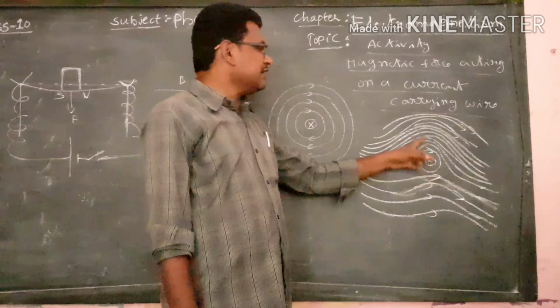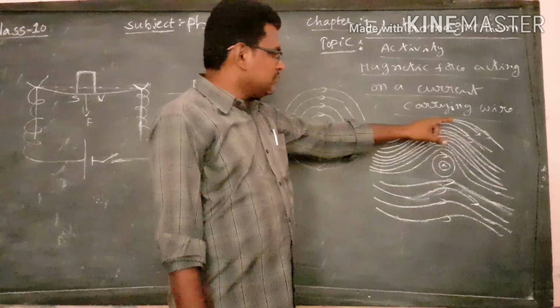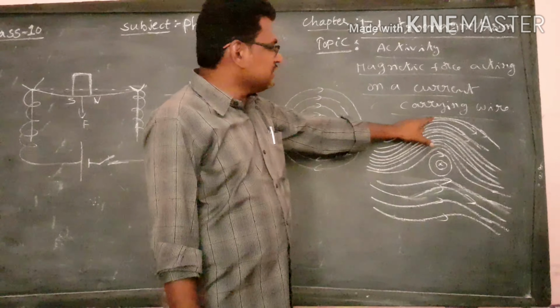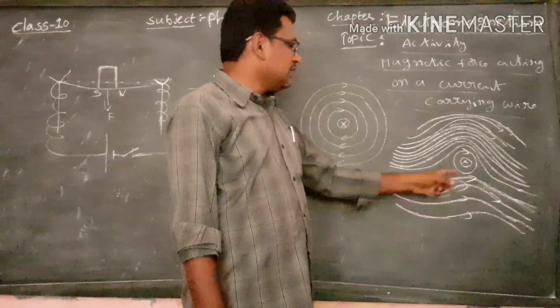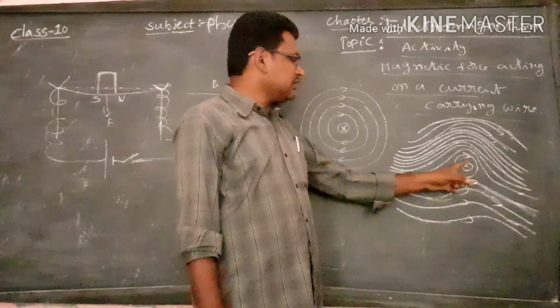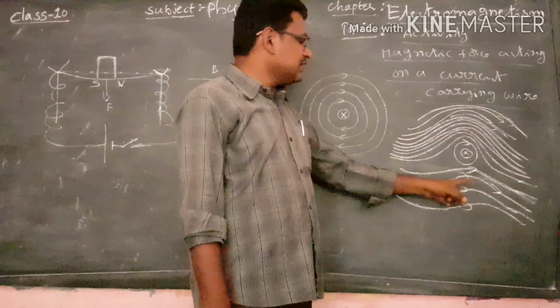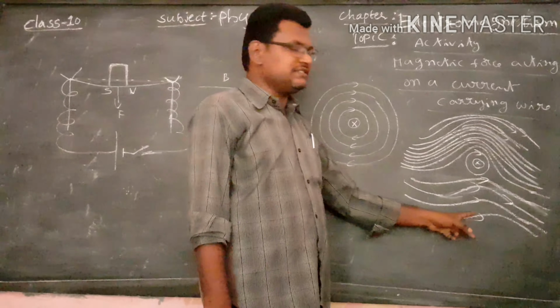Over the current carrying wire, the resultant magnetic field is more, and below the wire, the resultant magnetic field is less.